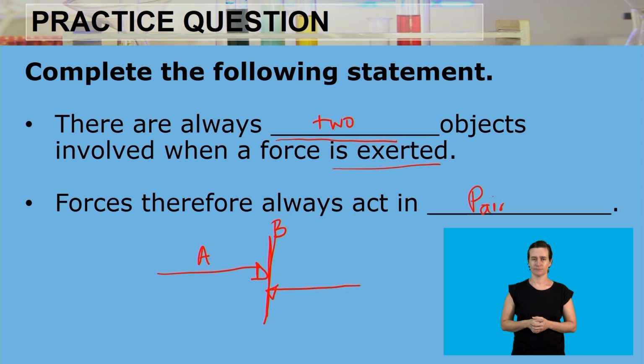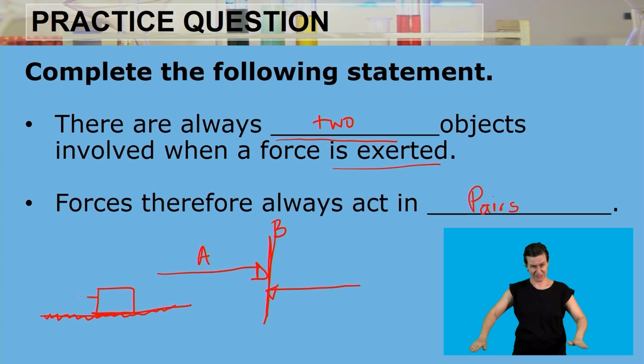If you are pulling a certain object on a rough horizontal surface going to the left-hand side, there is a force that is exerted by the surface onto the object, and that means now we're going to have two forces, the one that you applied by pulling the object and also the other force that is exerted onto the object by the surface. So there's always more than one force acting on the object.